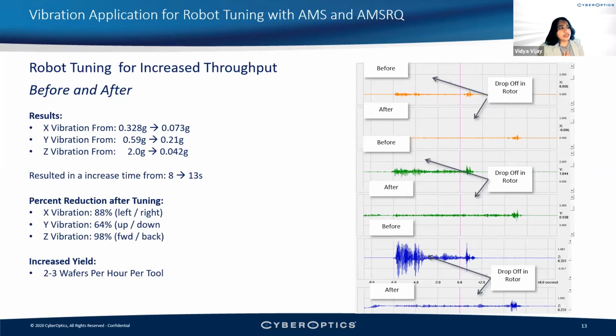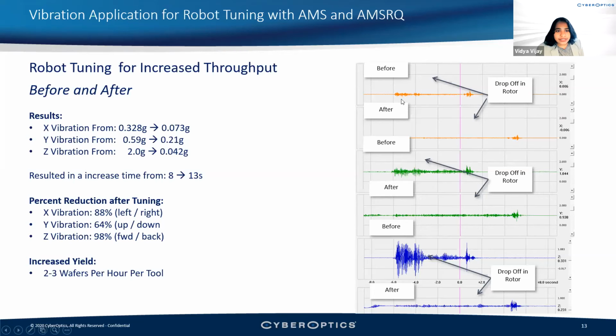Similarly, we can do this for vibration applications, where we can plot the X, Y, and Z. We can measure the G's, and here we can see graphs before and after tuning.